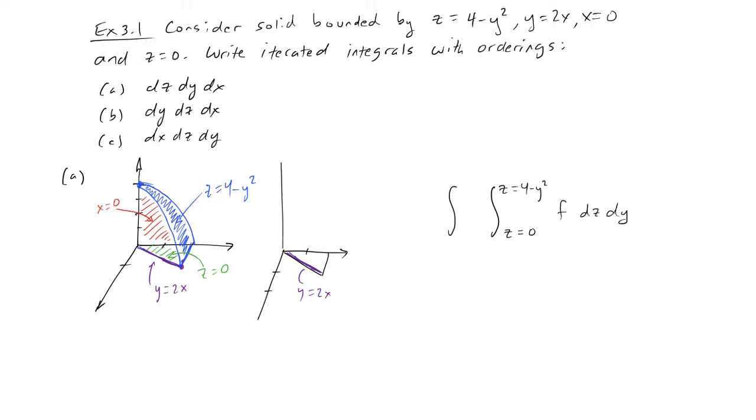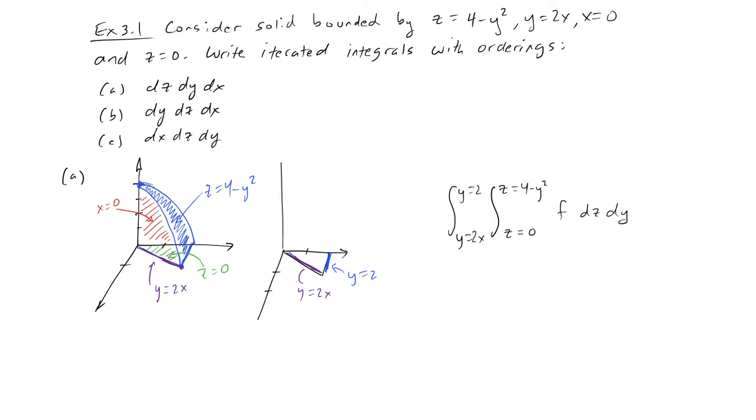And then we have z equals 0. And solving for y in this equation, the intersection of this surface and the z equals 0 surface is y equals 2. So this upper curve is y equals 2. So those will be our next bounds. Y equals 2x to y equals 2.